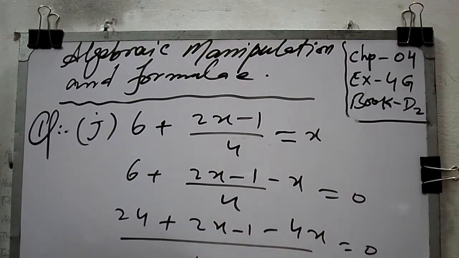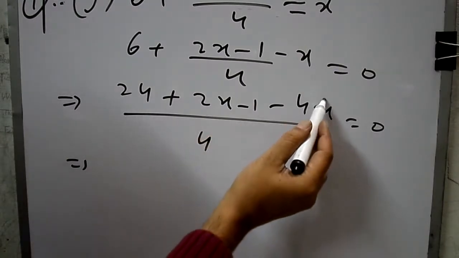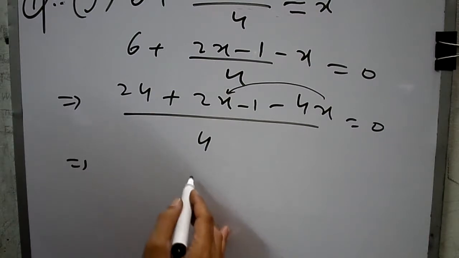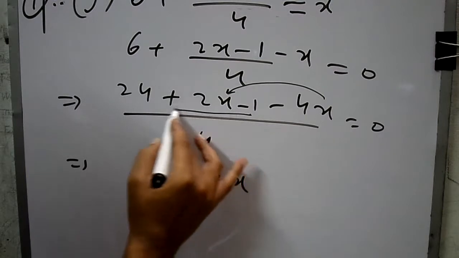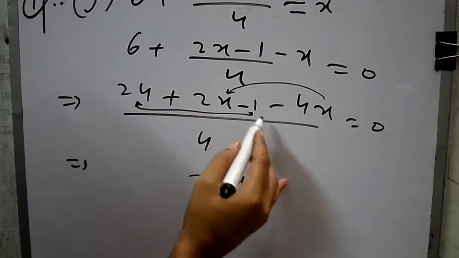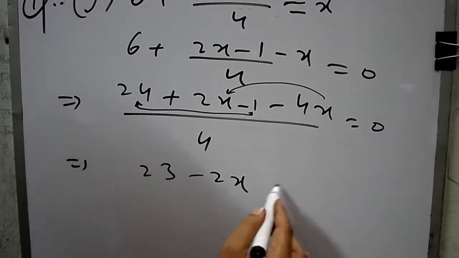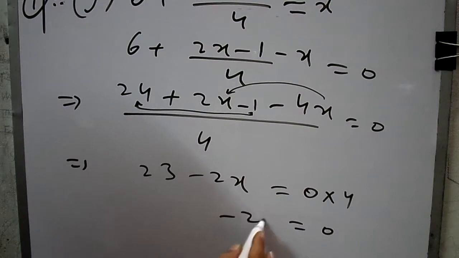After LCM using cross multiplication, that will also become 0. So similar terms will be added. So you will get minus 2x and this one, so 24 minus 1, 23. Using cross multiplication, 0 multiplied by 4, you will get 0.